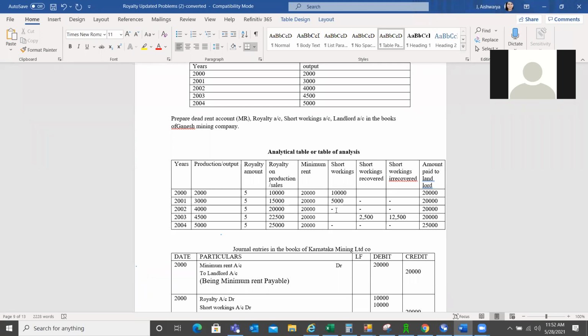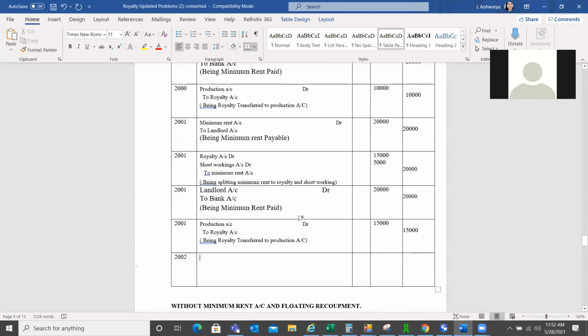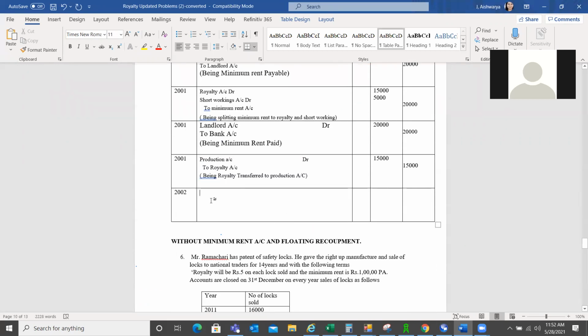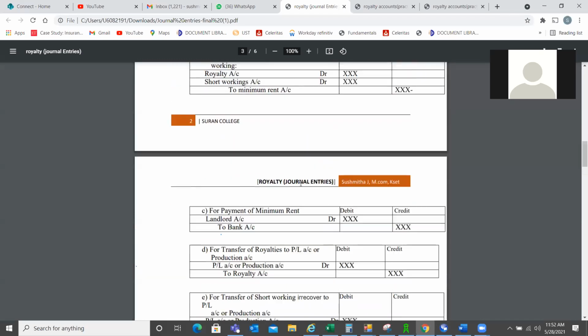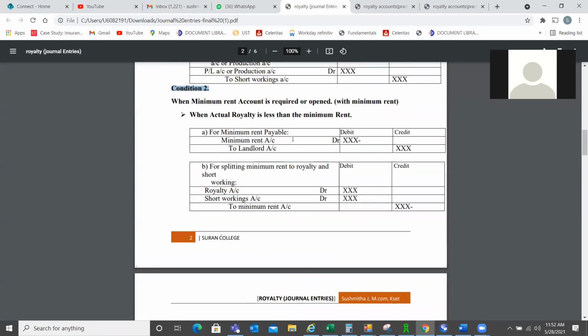Sorry. Tell me, is it less than, more than, or equal? Equal. Equal. Then how to take an entry? See, it's a less than or more than. So like you told, actually, it is equal. So now what entry do I have to take?